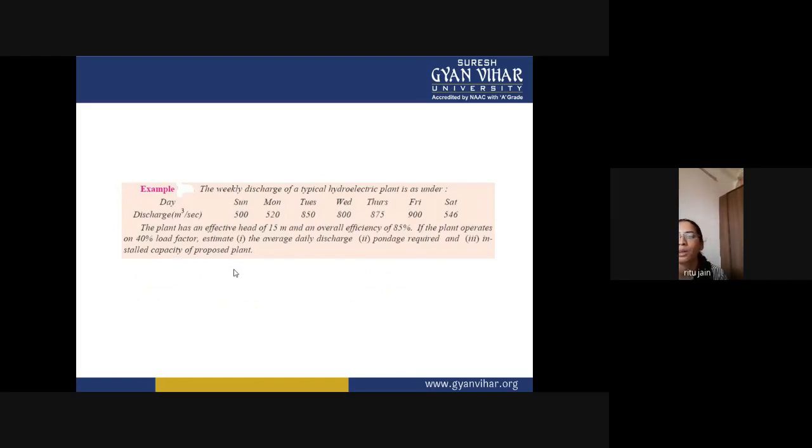So estimate the average daily discharge, pondage required, and installed capacity of the proposed plant. First we have to calculate the average daily discharge, and load factor is given, overall efficiency is given, and the effective head height is also given.